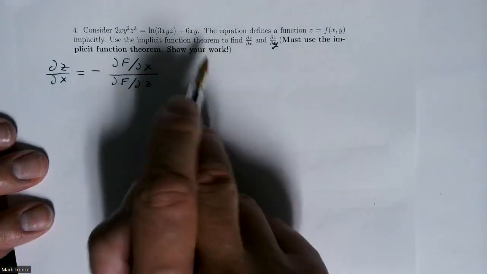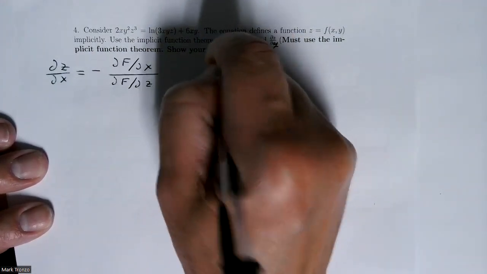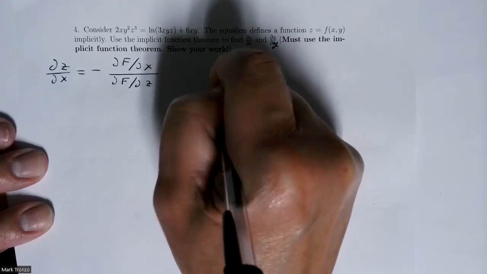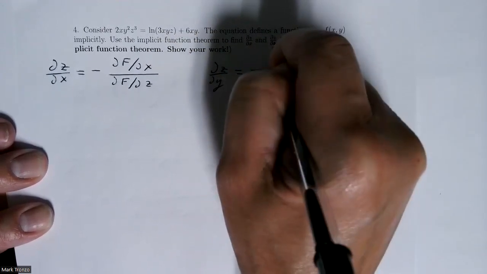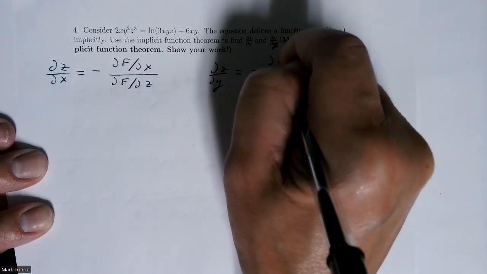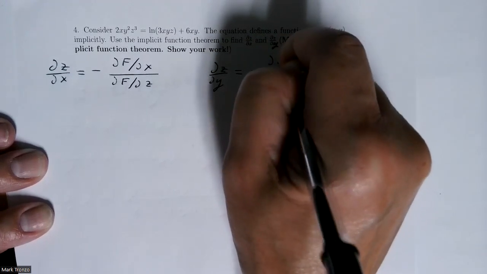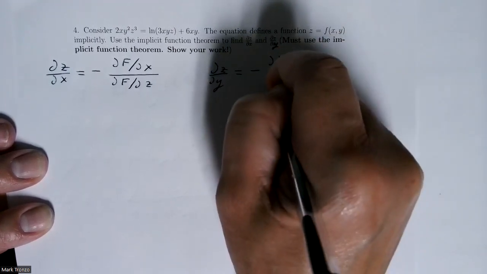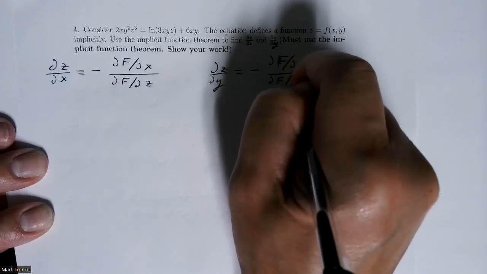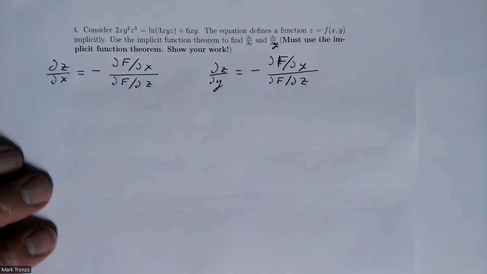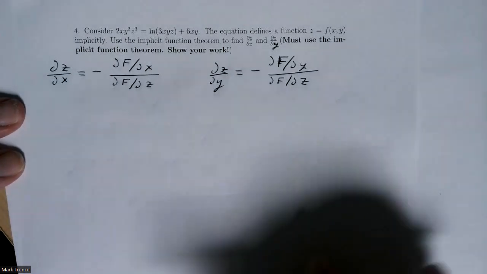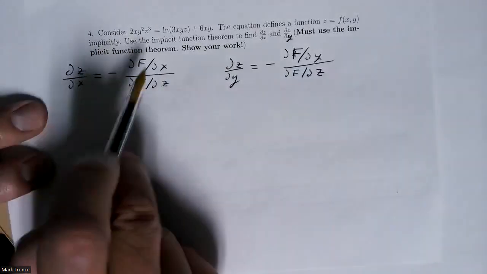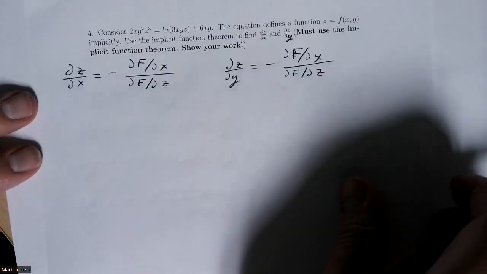And then for the other one, dz/dy is going to be equal to negative df/dy over df/dz. And so rewrite your function, set everything equal to 0.